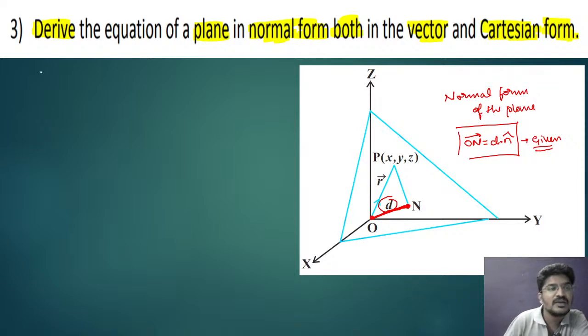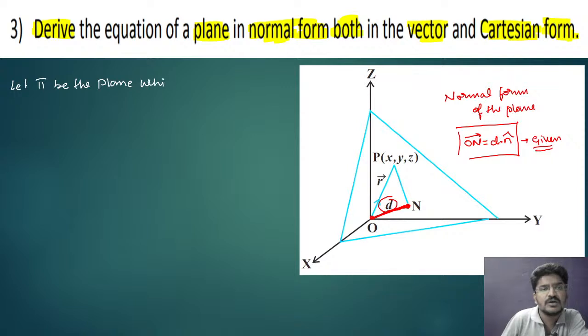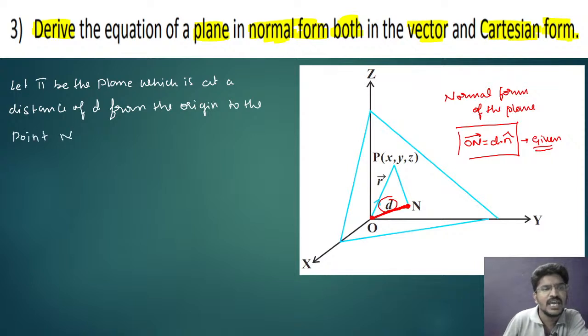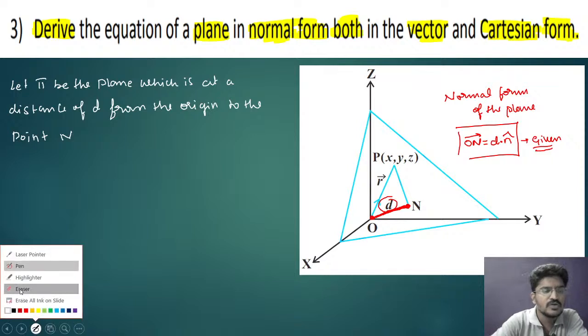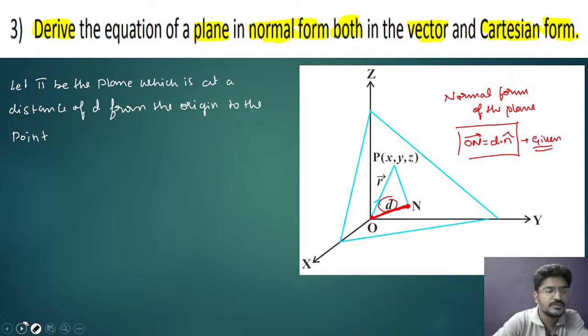Now I will explain my diagram. Let phi be the plane which is at a distance of d from the origin, to the point N on the plane.